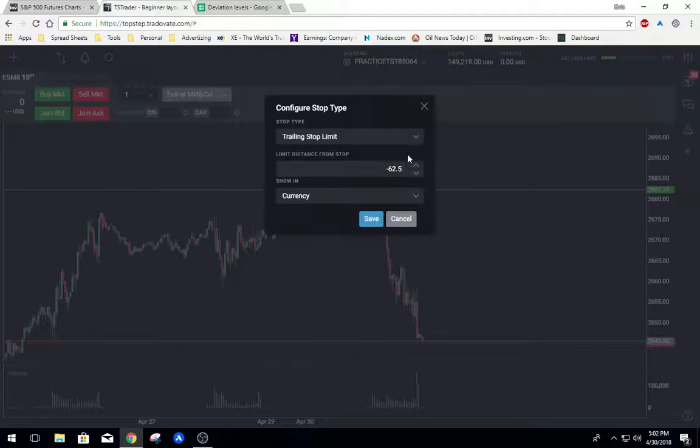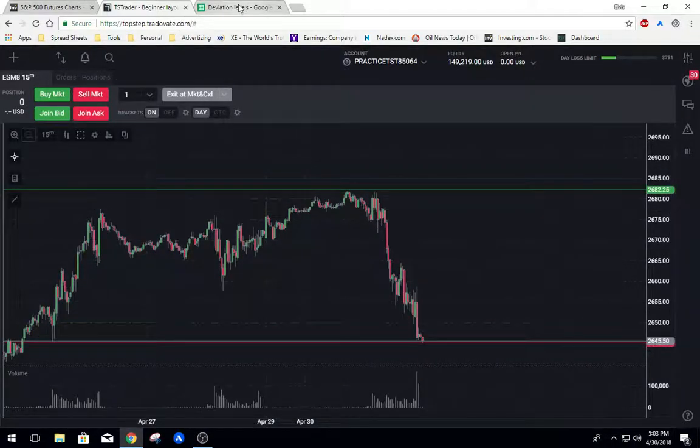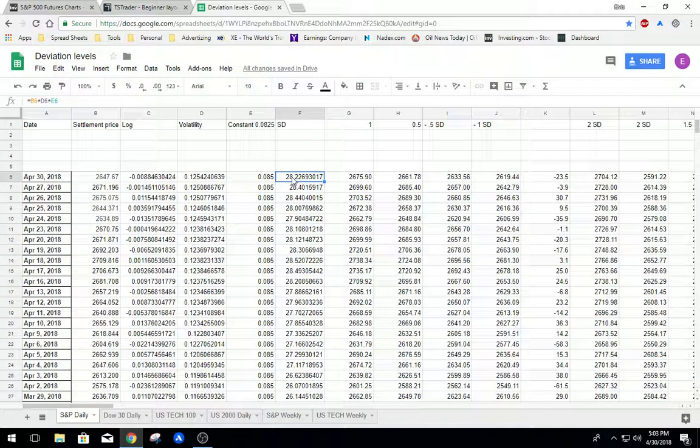I will give you the reason for that in a couple seconds. You have to select currency, not ticks, not price, currency, and you click up or down 62.5.